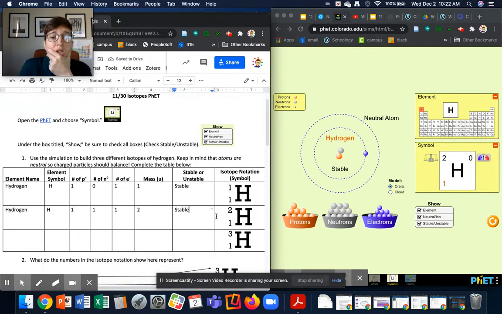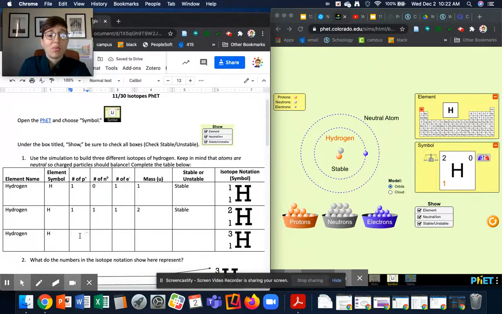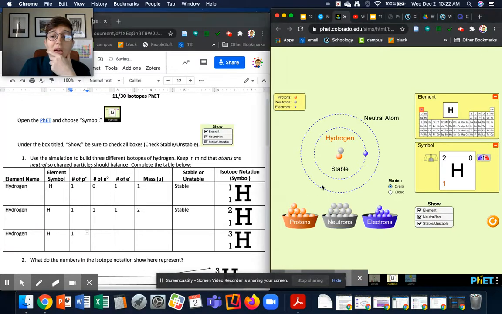Okay, so let's change this last one. We're still going to make hydrogen. The symbol's still going to be H. And we have to make sure it still has 1 proton, because otherwise it will become a different element, right? If we add a proton, it becomes helium. We don't want helium. We want hydrogen. Okay, so now our neutrons, we want to get this mass number up to 3. We got our first one, mass number up to 2 by adding a neutron.